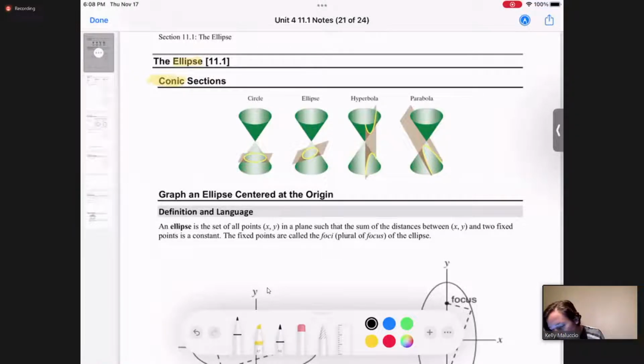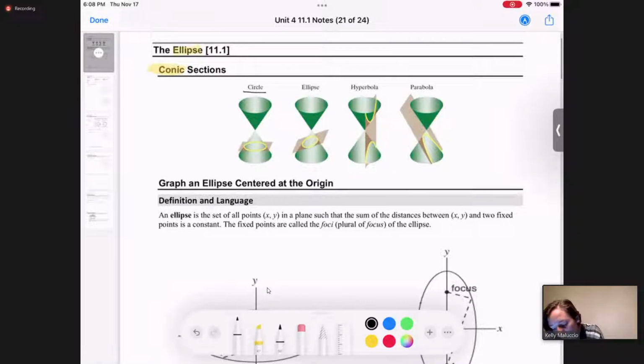So if we wanted a circle, if you literally took a cone and cut across where this brown plane is, the edges of the cone create a circle. If you cut it at an angle, an angled cut, it creates an ellipse. If you cut it vertically, it creates a hyperbola, so it's this side and this side.